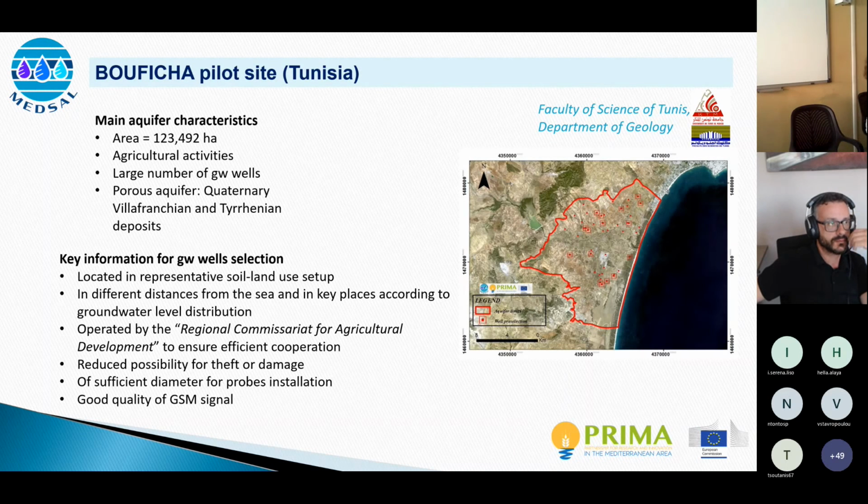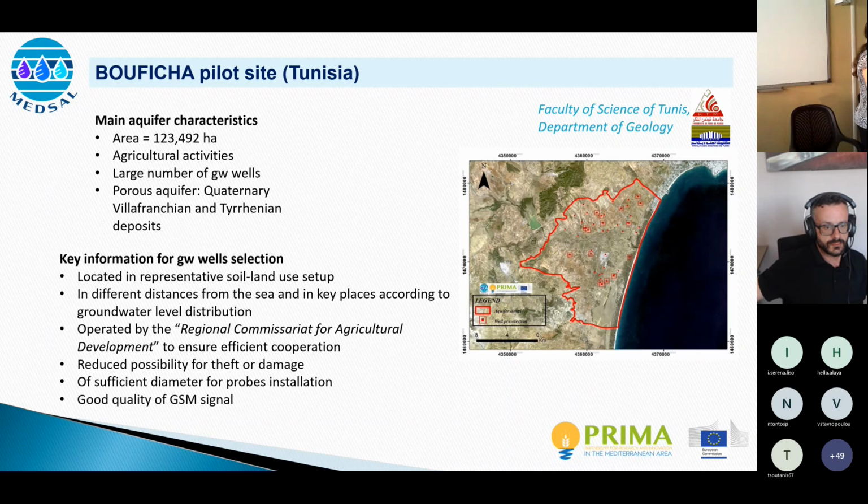The Bufisha aquifer is the main source of water in the region. It is exploited essentially to satisfy agricultural activity, which is the main economic activity in Bufisha.